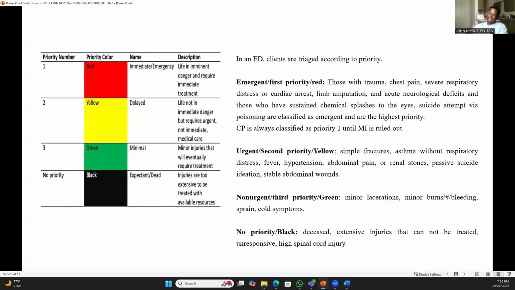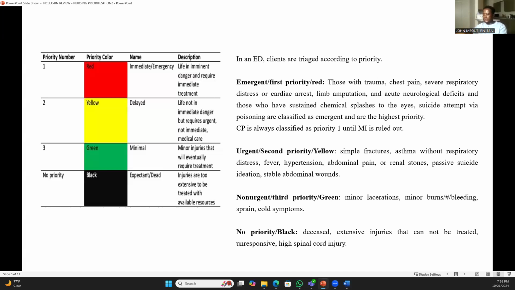Conditions that you determine that they cannot be revived. You attend to them last, especially in disaster conditions. These clients will not be a priority. Be careful. Hope you learned something.